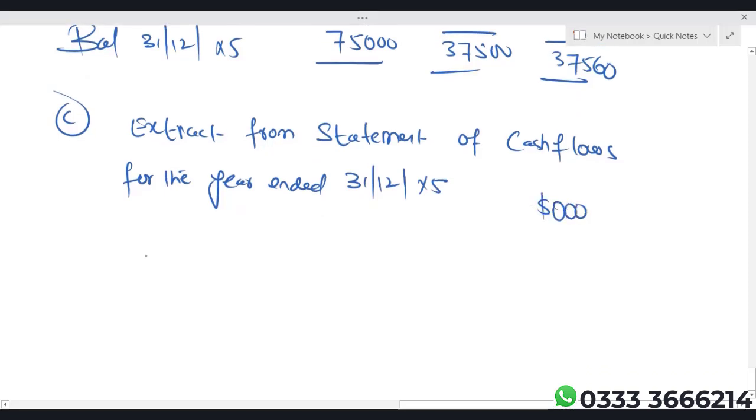Cash flows from investing activities. So let's see.